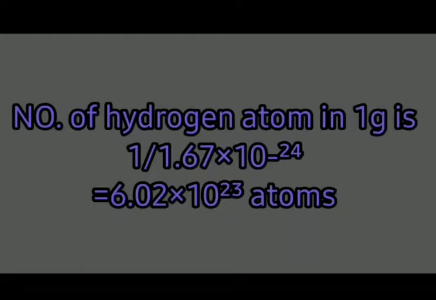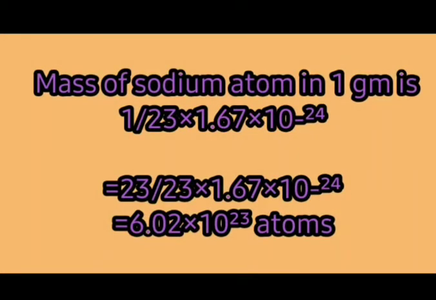Now let's discuss another atom, sodium. Already you know that the atomic mass of sodium equals 23, and the mass of one hydrogen atom equals 1.67 into 10 to the power minus 24 gram.